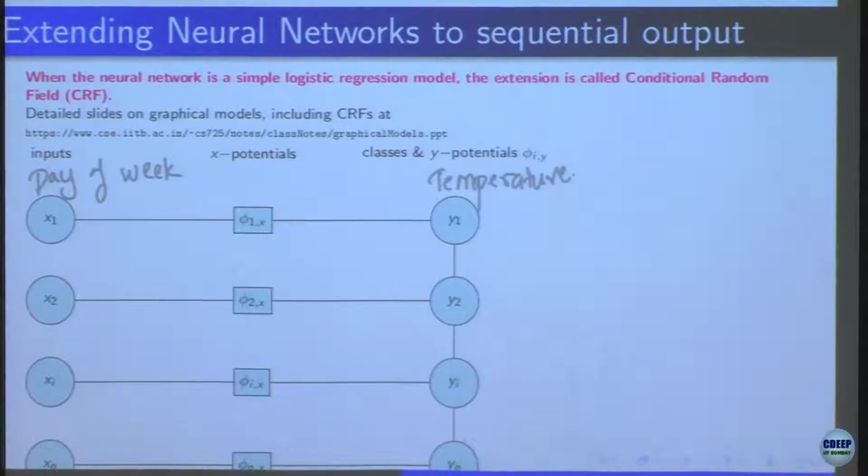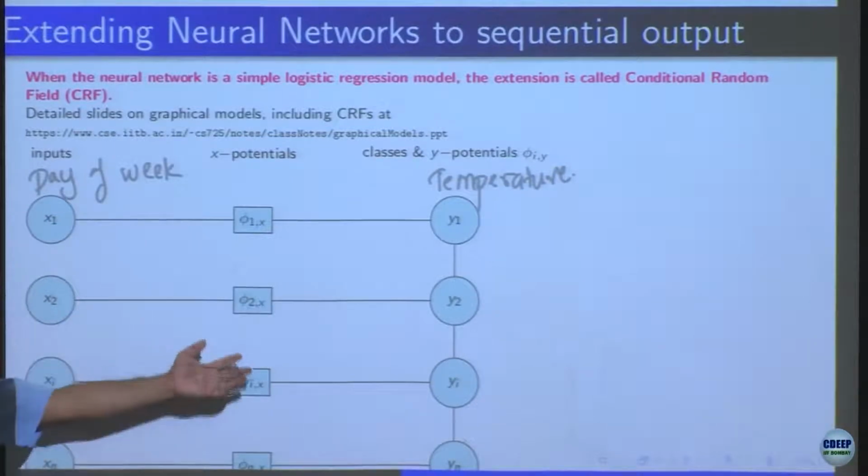We can go back to our captioning example also, but let's say it's a simpler example, day of week and temperature. So logistic regression says, I look at the properties of today, features of today, and try to predict the temperature. The features could be humidity level, day of the week, month of the year, and so on.